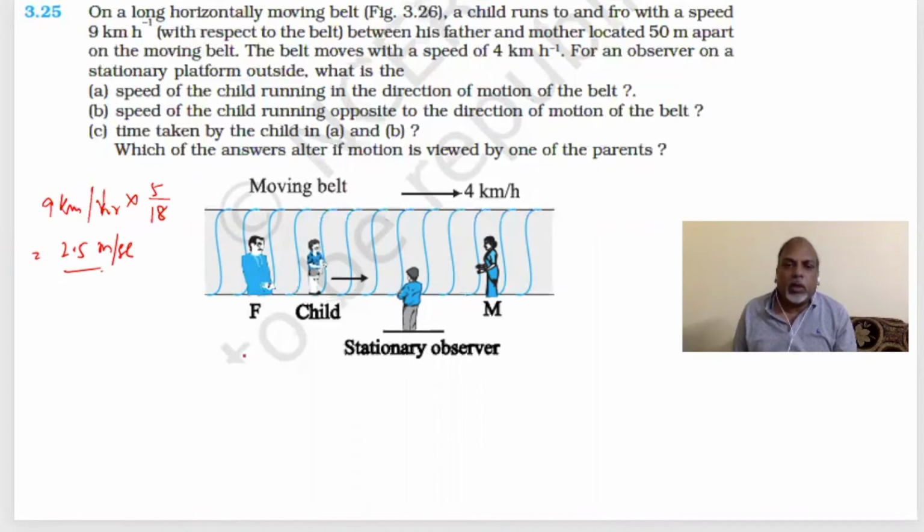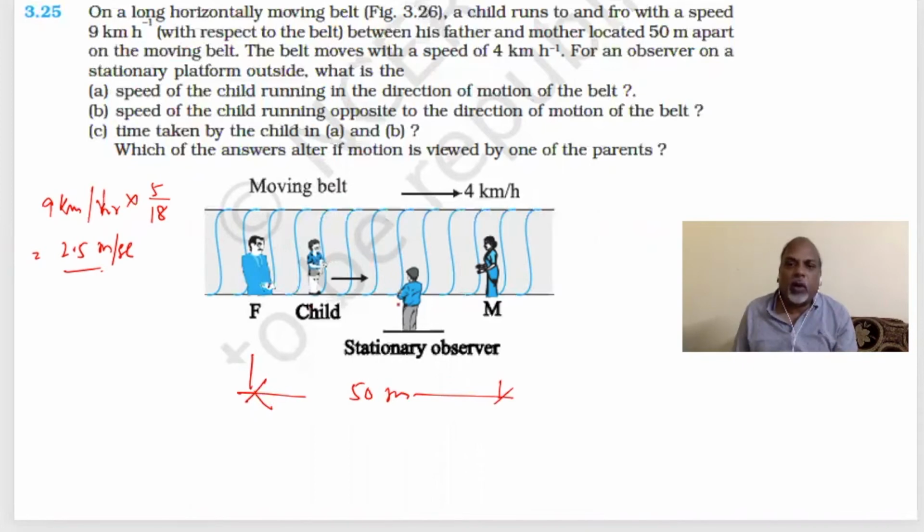So these are parents, these are 50 meter apart. The boy is moving with 2.5 meter per second.